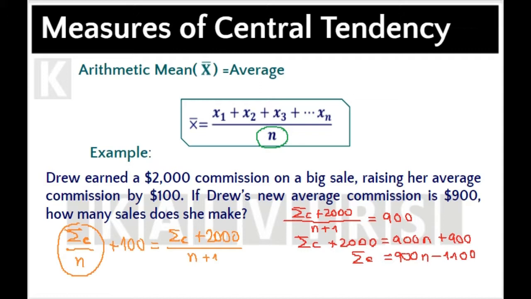So then we have that this is 900, so the sum of her commissions is 800 times n.